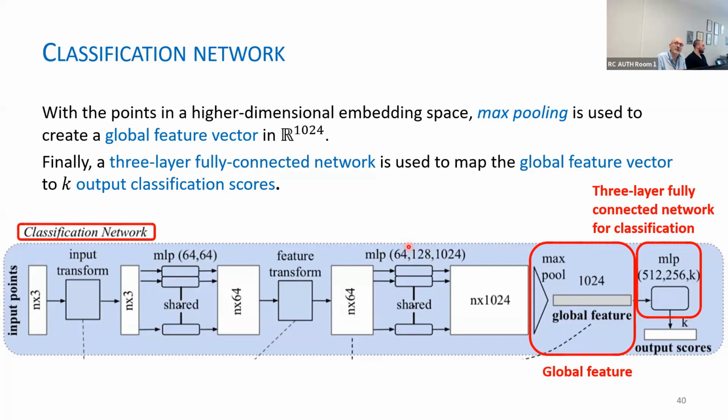But yes, you are right. The idea is to project into a higher-dimensional space where you capture local relations between these points. You don't come back to the lower dimensional space.